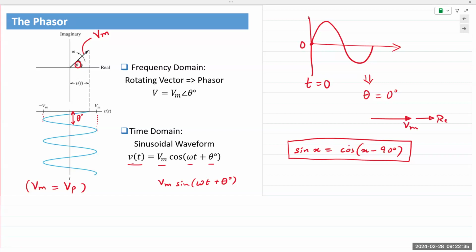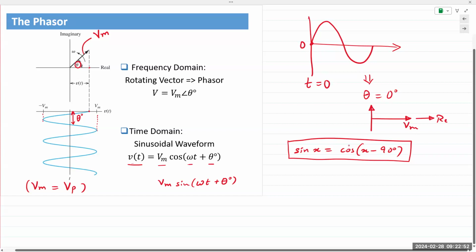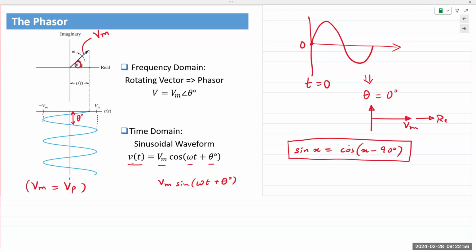And this is the vector Vm. The point at which the waveform crosses the x-axis gives you the projection. The distance from 0, 0 of the sine wave gives you the phase, and that phase is the phase angle of that rotating vector.